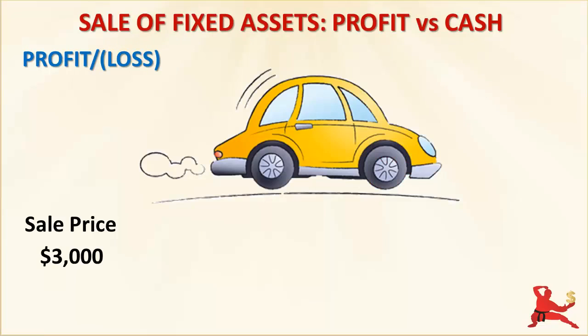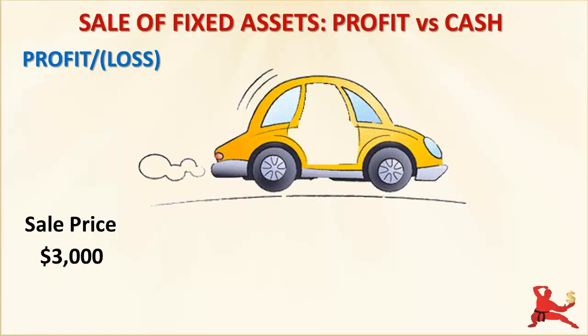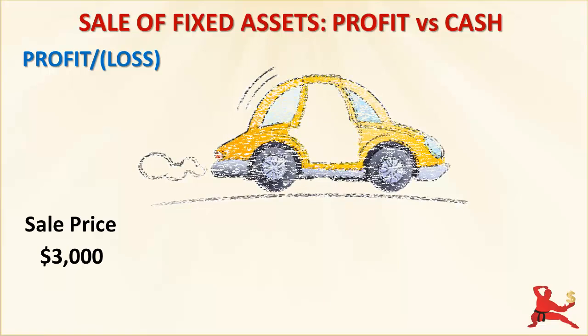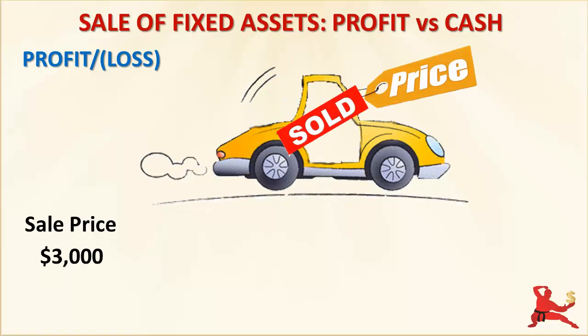Now, let's say we sell the car for $3,000 after using it for 2 years. Each year, the value of the car on the balance sheet is reduced by $1,000 in depreciation expense for the year. That means we have accumulated depreciation of $2,000 against the cost of the car by the end of year 2. So the depreciated value of the car on your balance sheet is $2,000. That's $4,000 cost minus accumulated depreciation of $2,000.